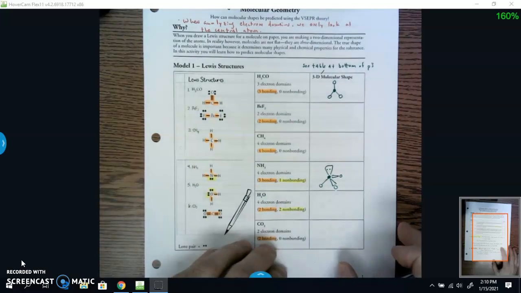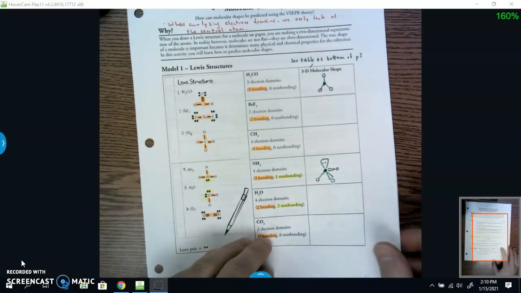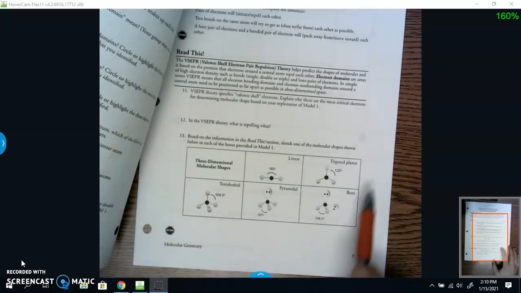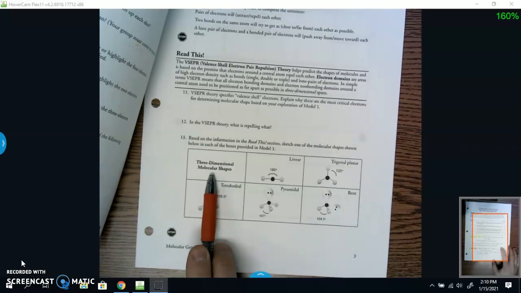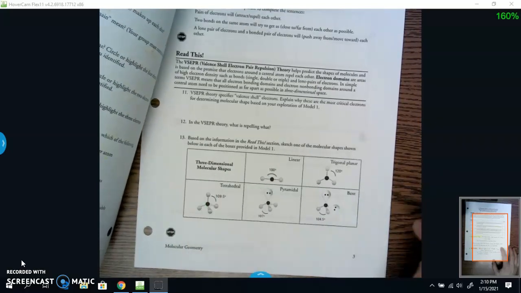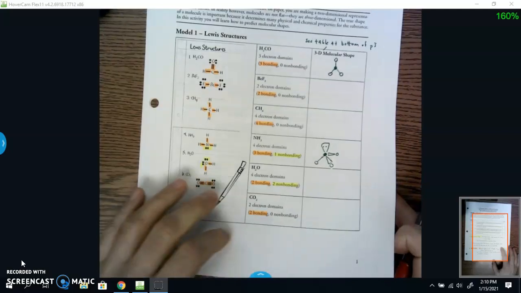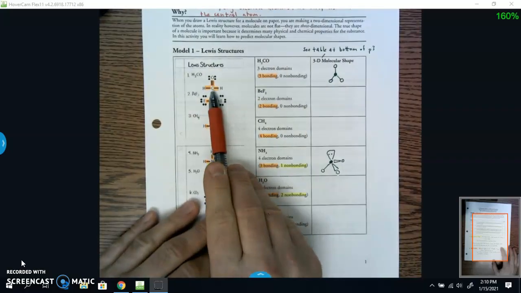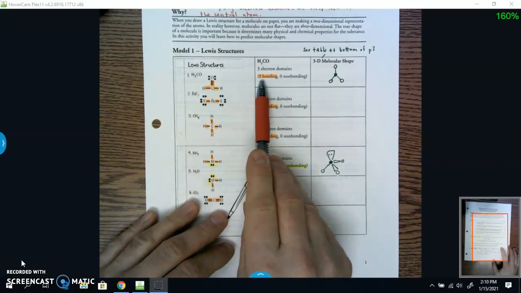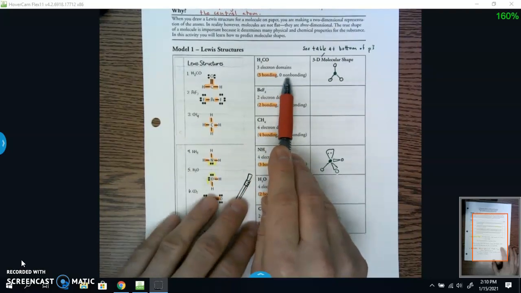If I flip back and take a look at this table that's at the bottom of page 3, you'll see that there's a table that explores 3-dimensional molecular shapes. Before we think more about that, I want to point out that the molecule formaldehyde has 3 bonding domains and 0 non-bonding domains.